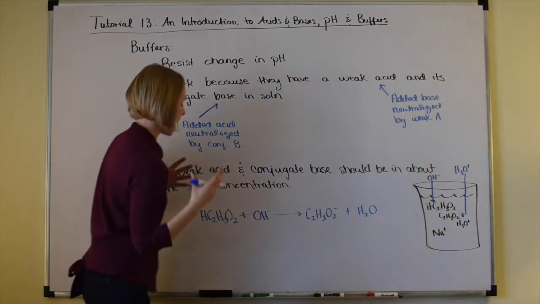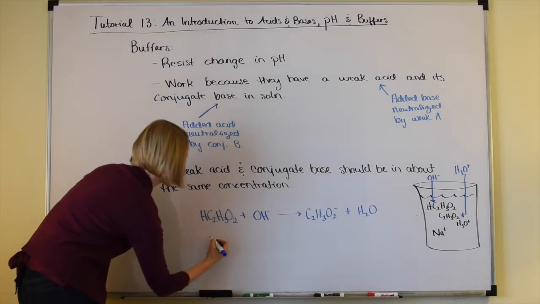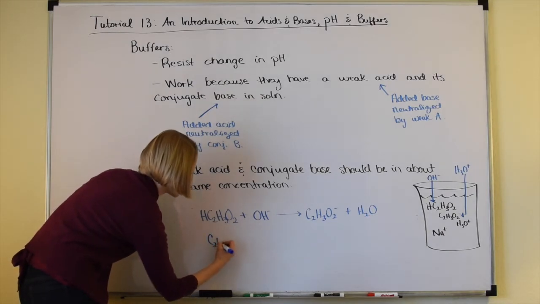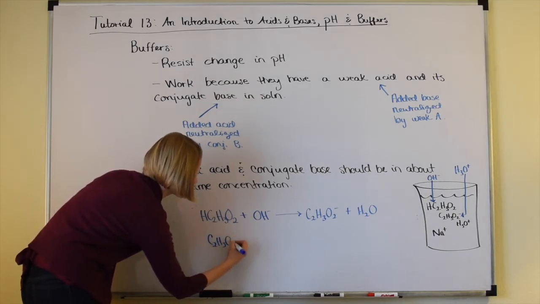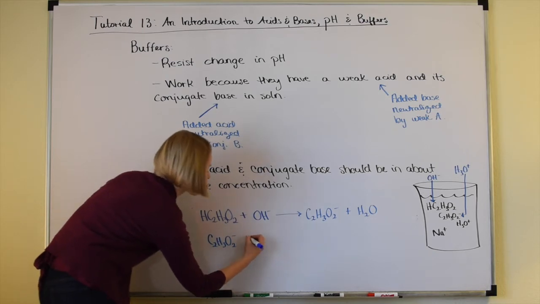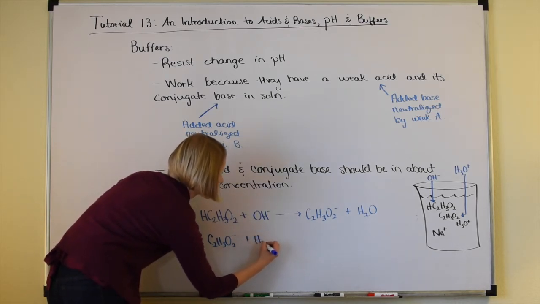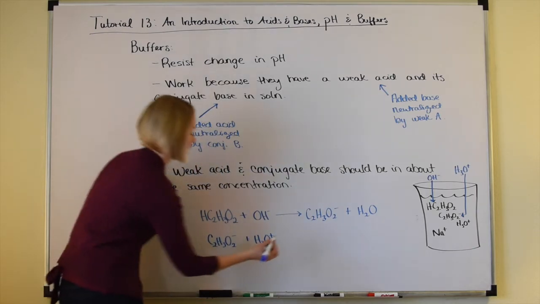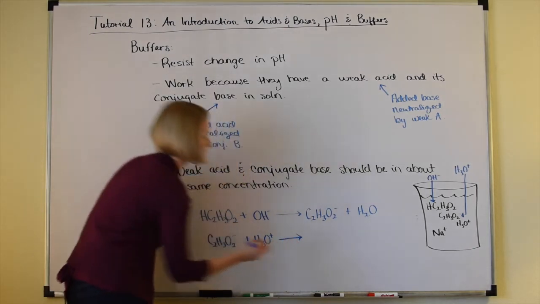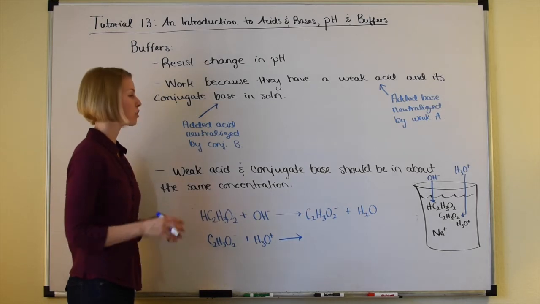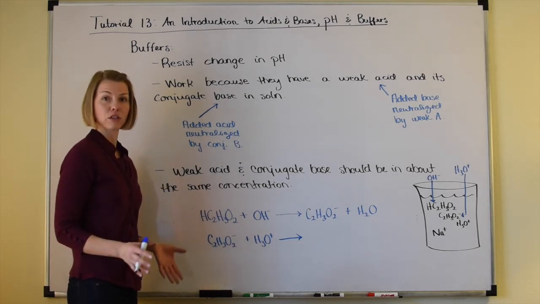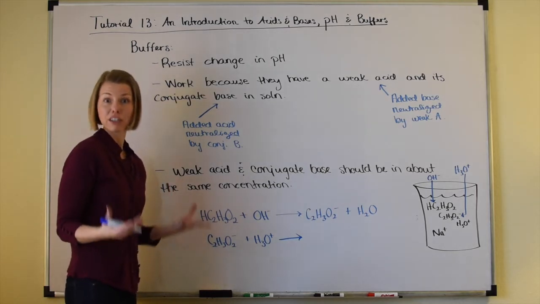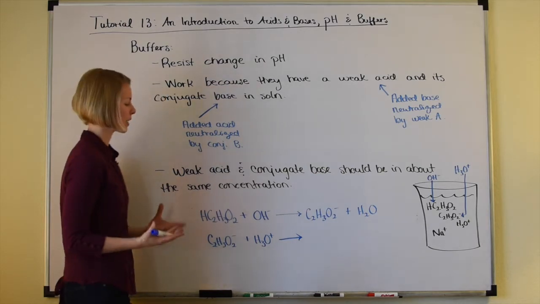As far as added acid goes, it's going to react with the conjugate base, so C2H3O2 with a 1- charge. I'll be generic, I'll just write H3O plus for any acid. Doesn't matter if it came from hydrochloric acid in aqueous solution or nitric acid in aqueous solution. pH is a measure of the hydronium ion concentration, so that's what we're interested in here.